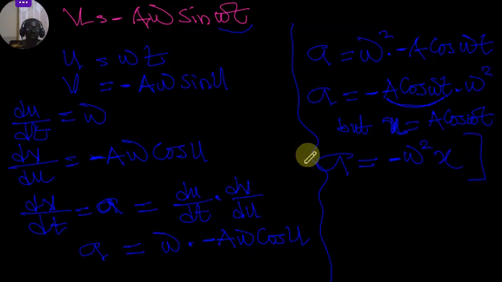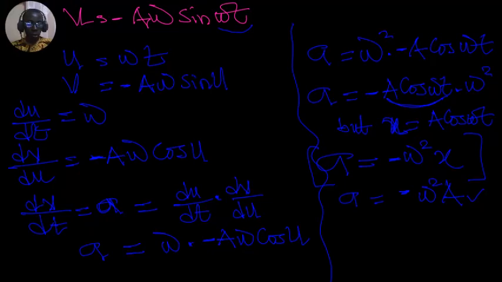This is the expression for the linear acceleration of a body, or you can also write it as a is minus omega squared x, where this x is the displacement. Alright, where a, small a, is linear acceleration, this is amplitude, and this is the angular speed.